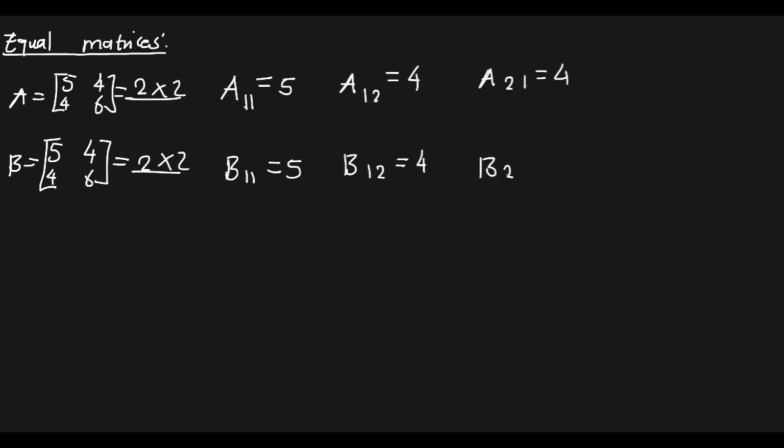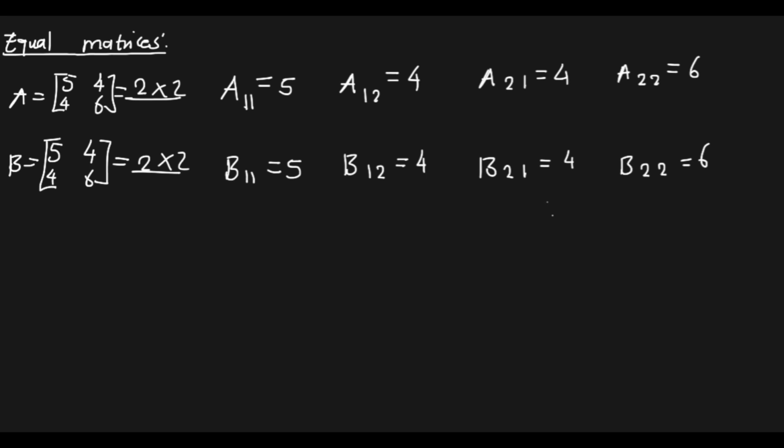B, second row, first column is 4. A, second row, second column is 6. B, second row, second column is also 6. So these two matrices are equal since their corresponding elements are equal. This is what we call equal matrices.